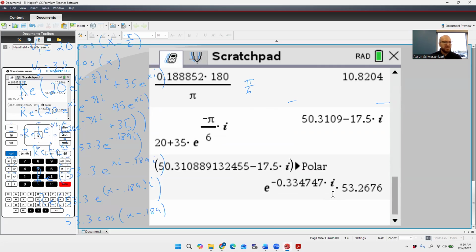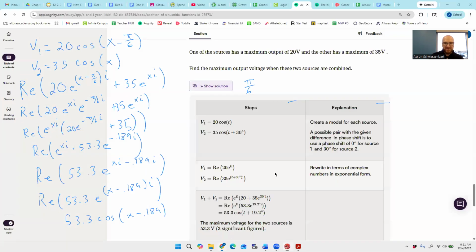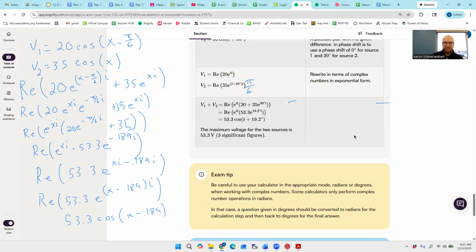This one, based on the last size, is going to be 19.2. I shifted it the other way. It doesn't matter, and if you look at their answer, they actually do say this is a possibility. This is a possible pair. So you get the same maximum voltage either way. That makes sense? There's your combining sinusoids.